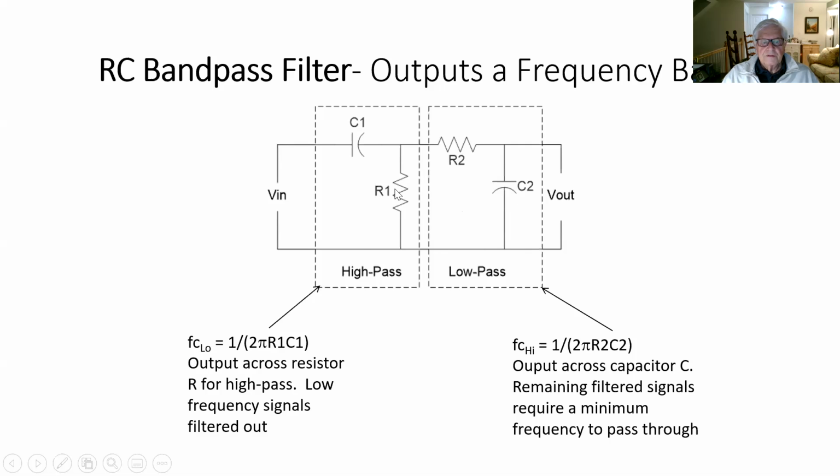So in this case, for the high pass, our cutoff frequency is given by 1 over 2 pi R1 times C1. And the high frequency cutoff is 1 over 2 pi R2 C2. Okay.